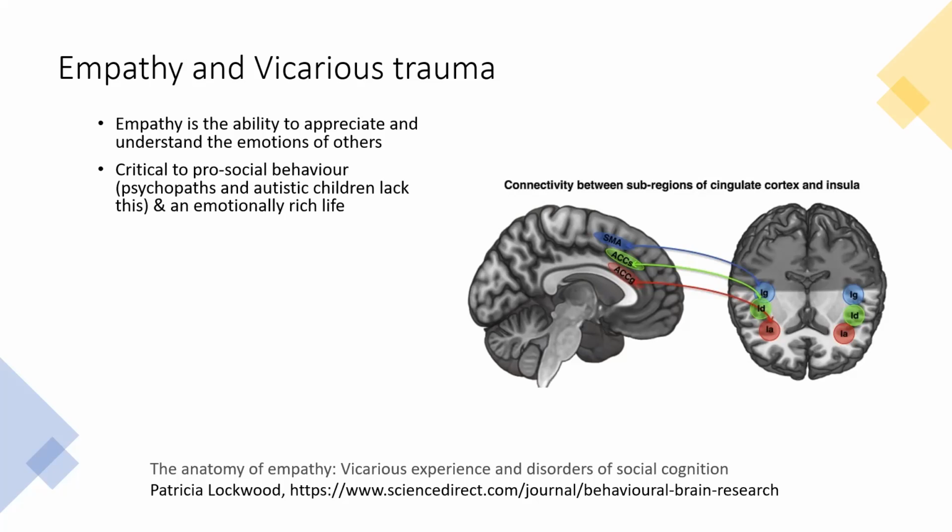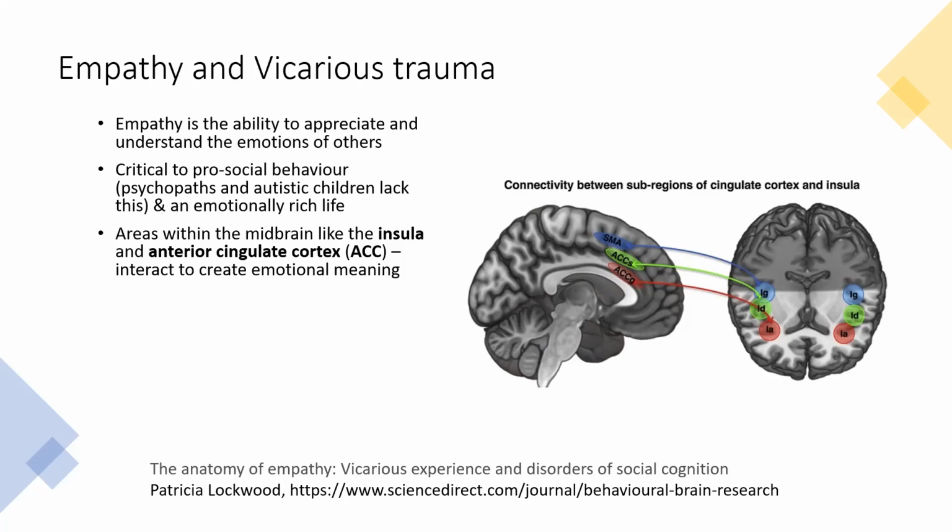And it's so critical also to an emotionally rich life to know how other people are feeling so that you can adjust your behavior accordingly. And it's, as I've said, controlled by the insula and also another part with a horribly long name called the ACC. And they integrate together and they sort of talk to each other. And it creates this sense of emotional meaning.